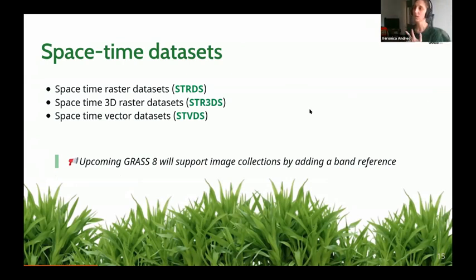And in GRASS 8, by adding another field to the metadata called band reference, GRASS will be supporting image collections as well. So you will be able to register Sentinel scenes, for example, or Landsat scenes, with all the bands within a unique space-time dataset.